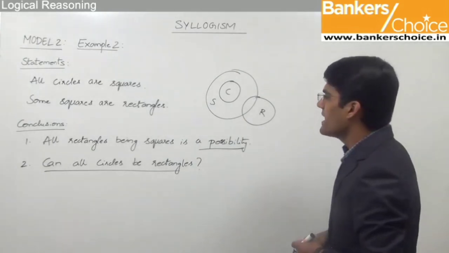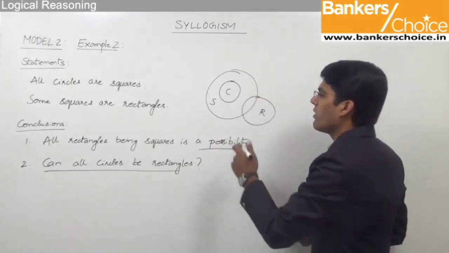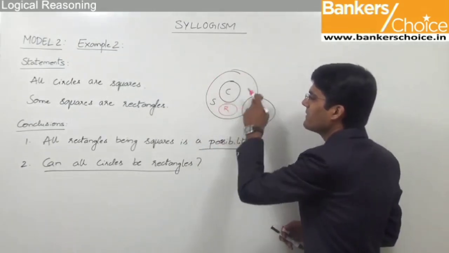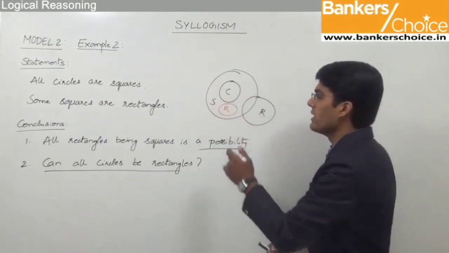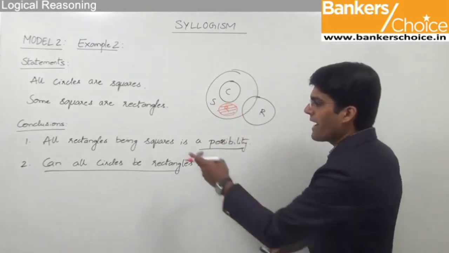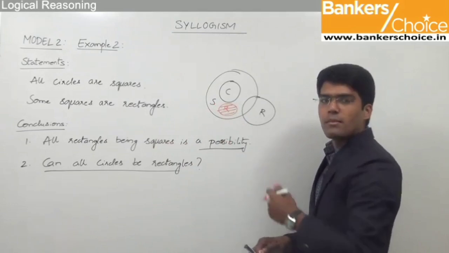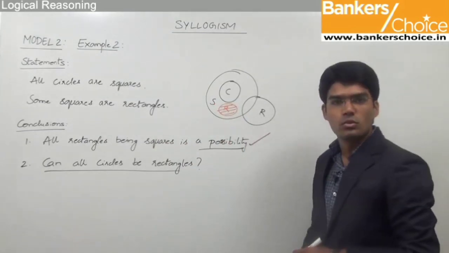Now, if we try to take the second statement, that is some squares are rectangles, we can also draw rectangles in this form. We find that some of the squares are rectangles, or we can say all the rectangles are inside squares. So some of the squares, that means these are the squares which are rectangles. So we find that all the rectangles being squares is a possibility from the second diagram. So the first conclusion here is true.